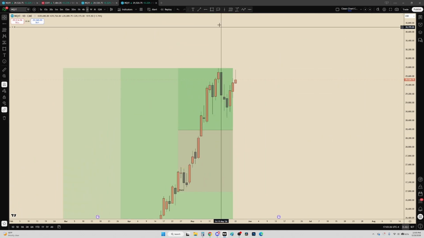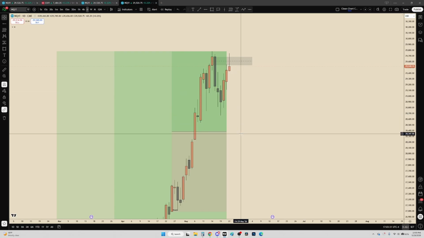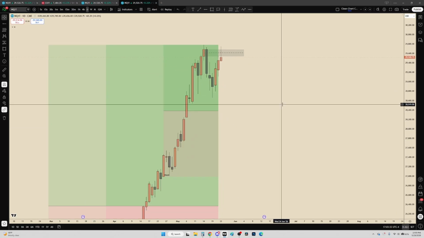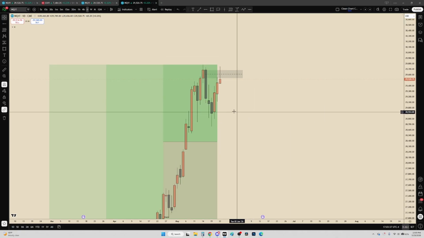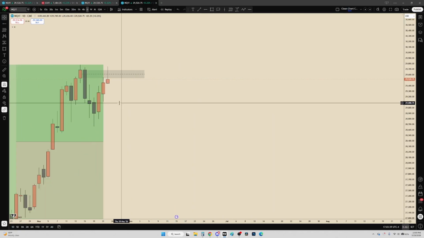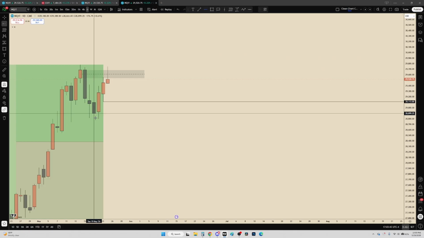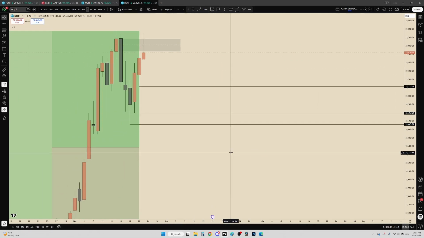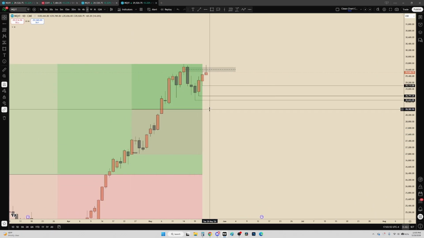If I am anticipating the daily bearish order block to hold and price to continue back down, where is price more than likely going to go next? It's either going to go for any one of these lows here. So either this one, or this one, or this one, or we could just go off of the IPDA level. So in the past 20 days, the equilibrium is here.